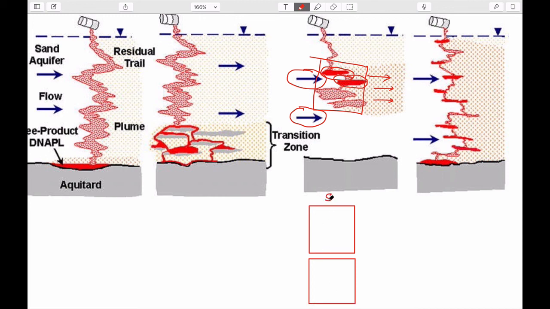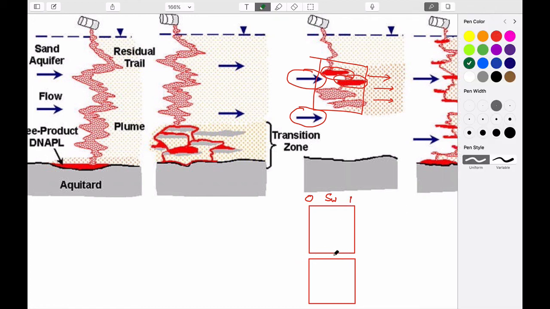And that is that if we look at the saturation of the wetting fluid, and we know that these relationships look something like this, where this is either capillary pressure or elevation.